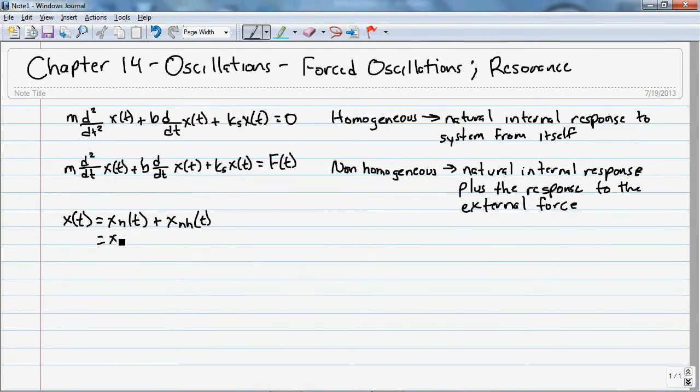We can call this homogeneous part the natural response, how the system reacts to itself, plus the non-homogeneous solution is going to be the forced reaction. Now, this is quite useful because there are situations where things can get out of hand.